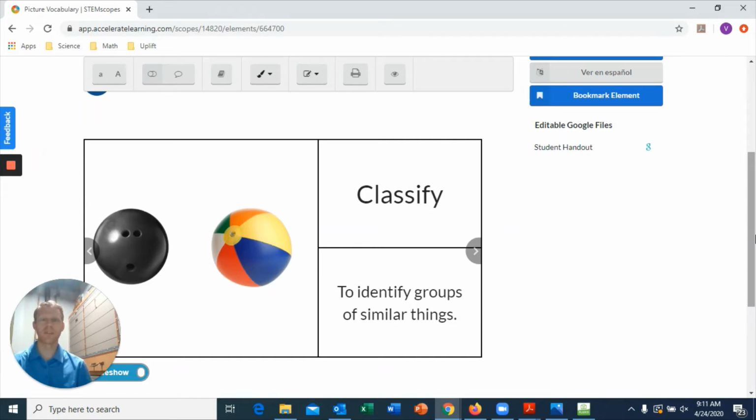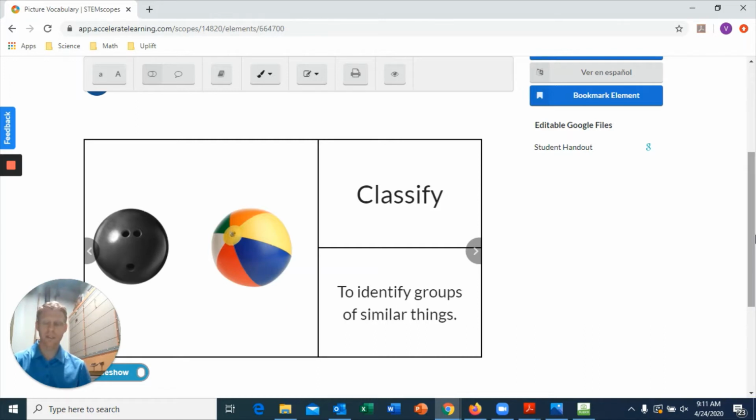Our definition we see on the screen is to identify groups of similar things. We're going to ask these questions, and we're going to put things in groups based on the answers we get. So the first question that we're going to ask today is, what is the object's state of matter? Is it a solid, a liquid, or a gas?